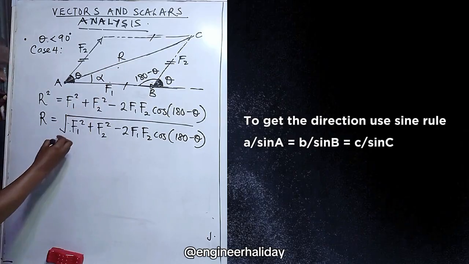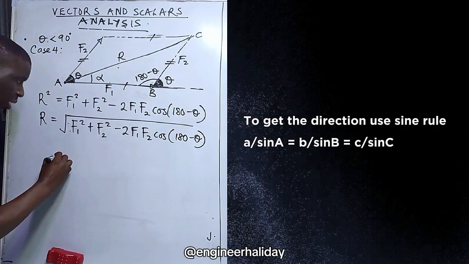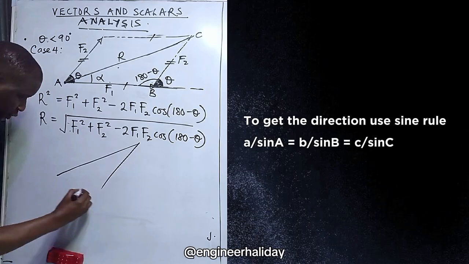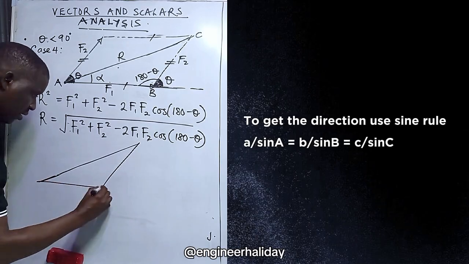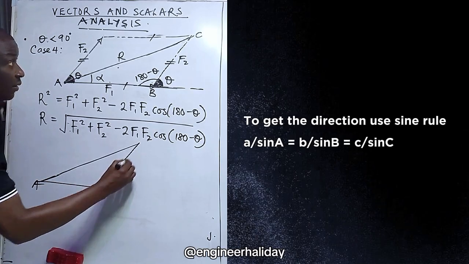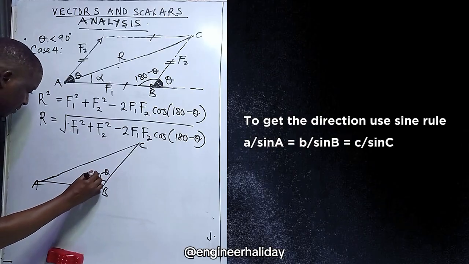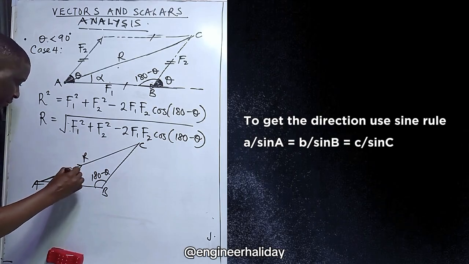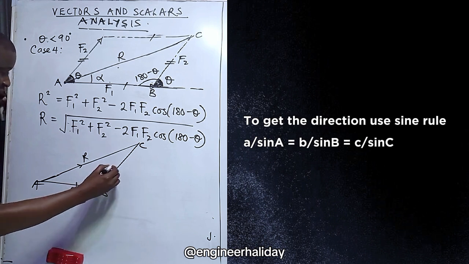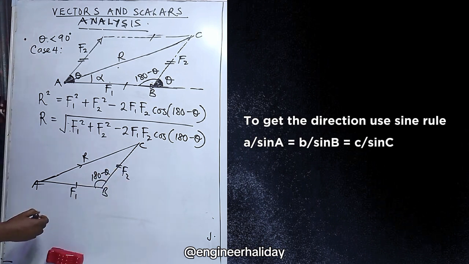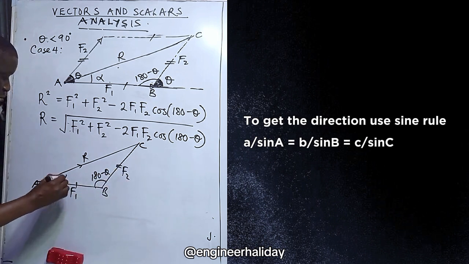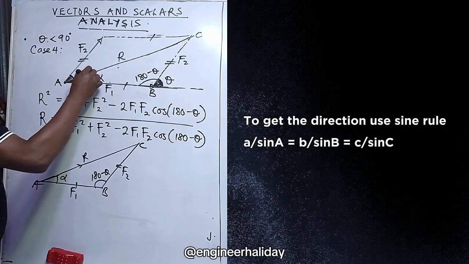So what is the sine rule saying? If you draw the diagram out, this is a rough sketch of A, B, C. This one is 180 minus theta, then this is R, this is F1, and this is F2. Alpha is the direction of the resultant.